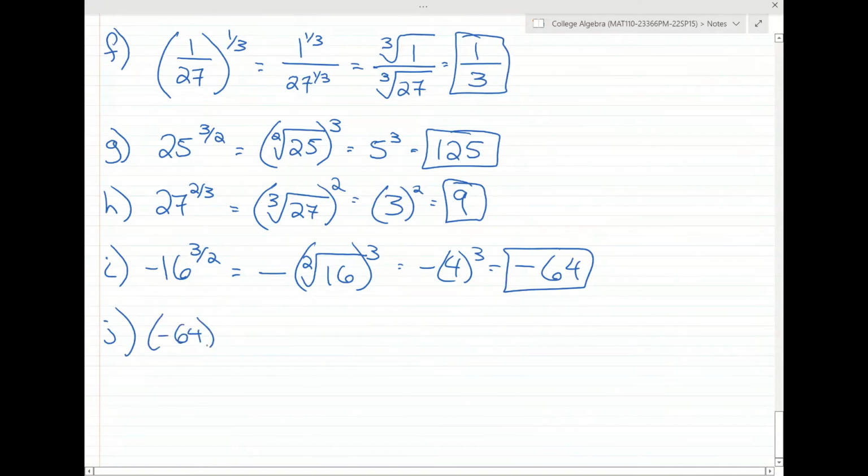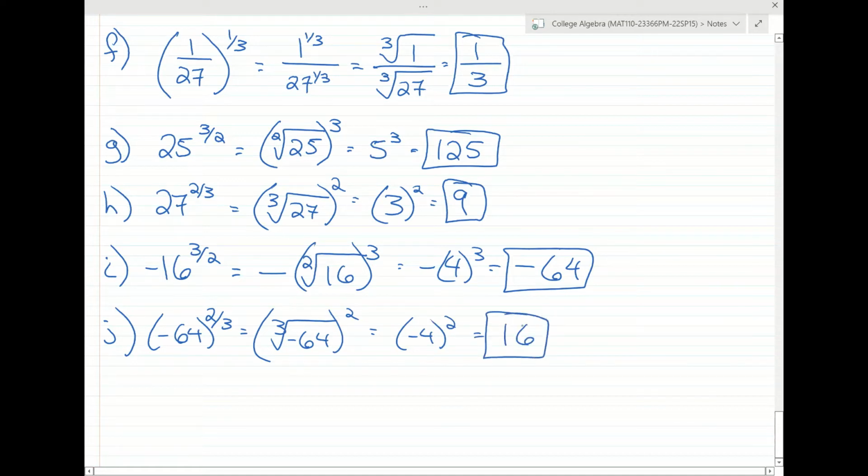Negative 64 to the 2/3. This means the cubed root of negative 64 to the second power. It's negative 4 to the second, 16. The last one from this section is negative 36 to the 3/2 power.